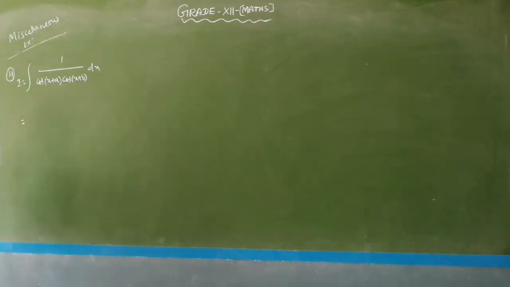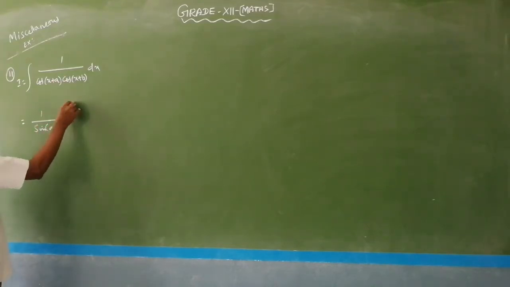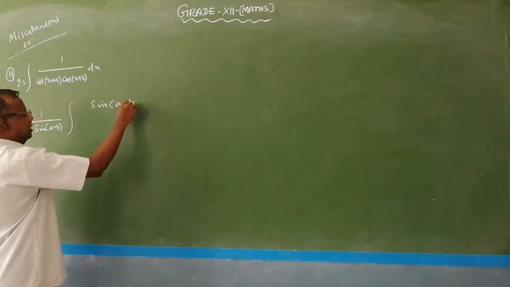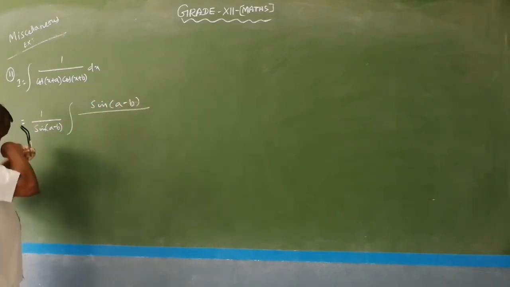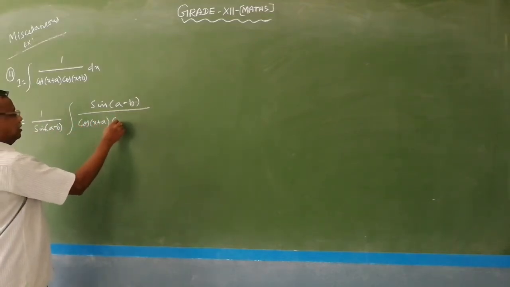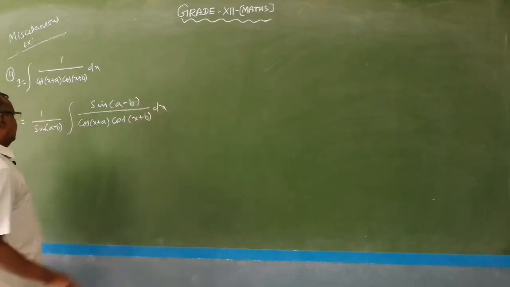Multiply and divide by sin of a minus b, both numerator and denominator, that is 1 by sin of a minus b into integral sin of a minus b divided by cos of x plus a into cos of x plus b into dx.